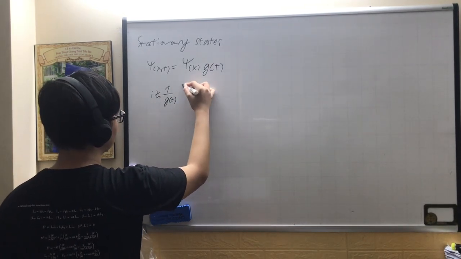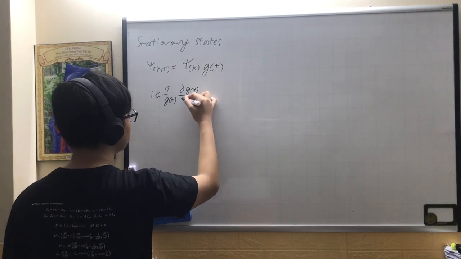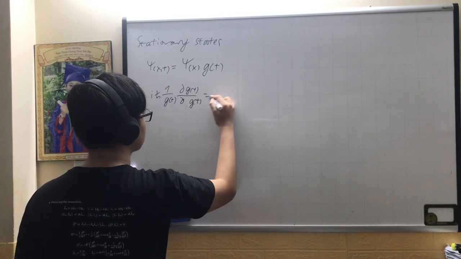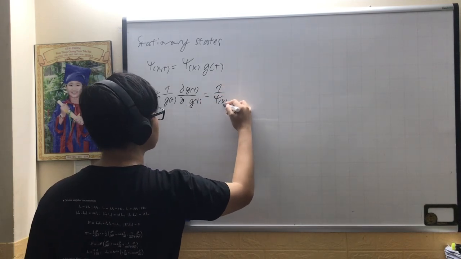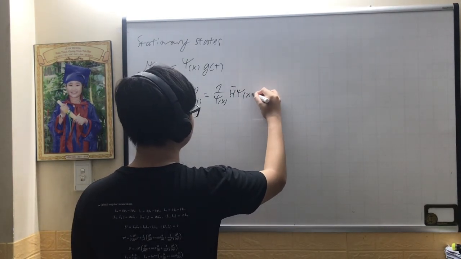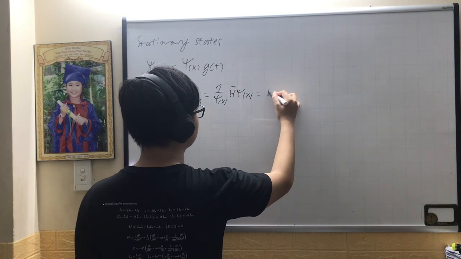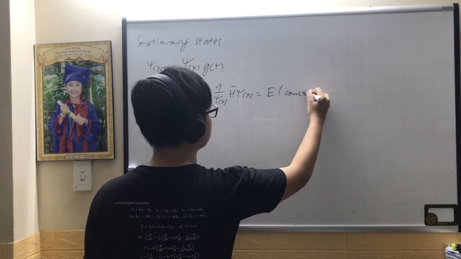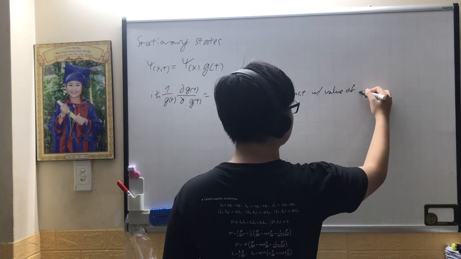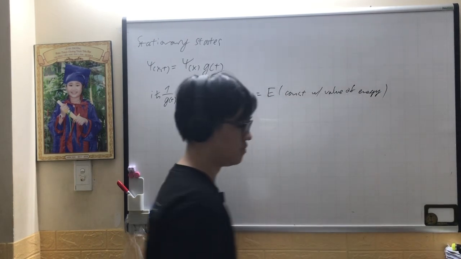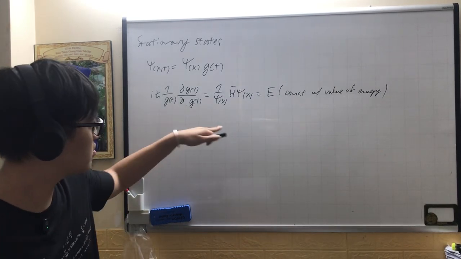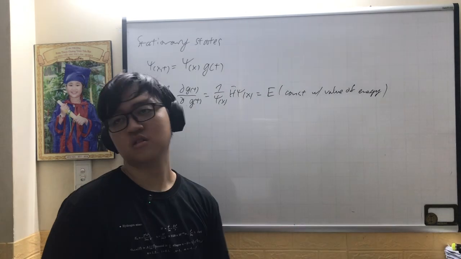The g of t part, the time derivative, we take the time part, and over here it is the energy part, and this has to be equal to an E, which is a constant with the value of energy. So you put it into your Schrödinger equation and you would get something like this.